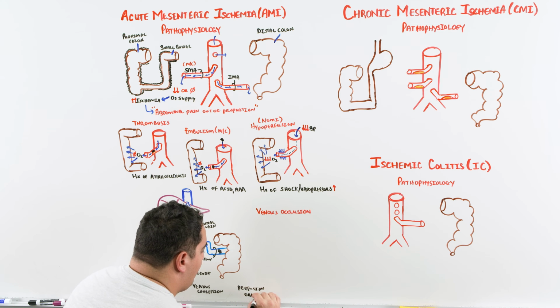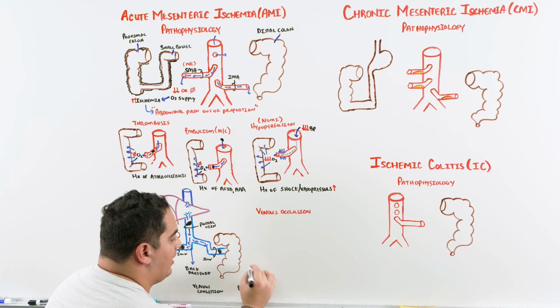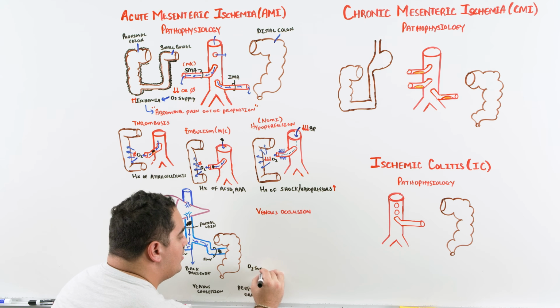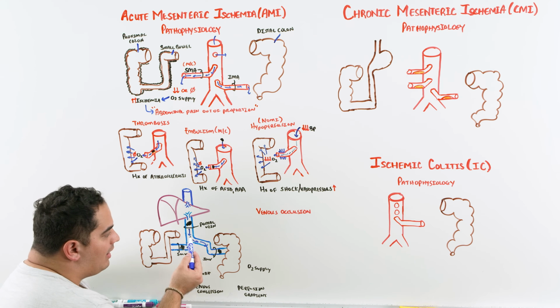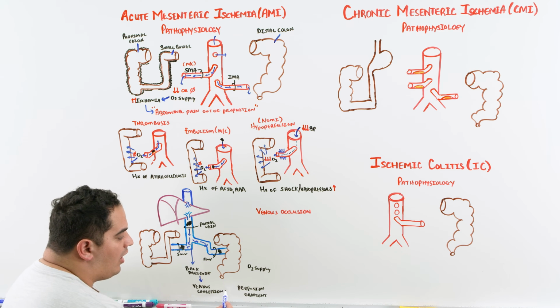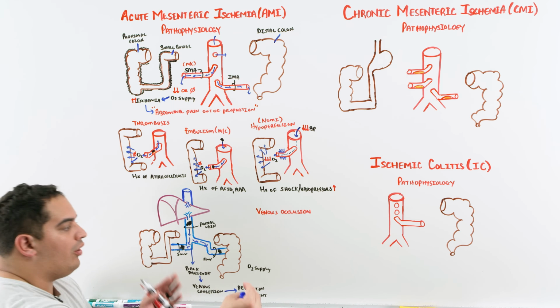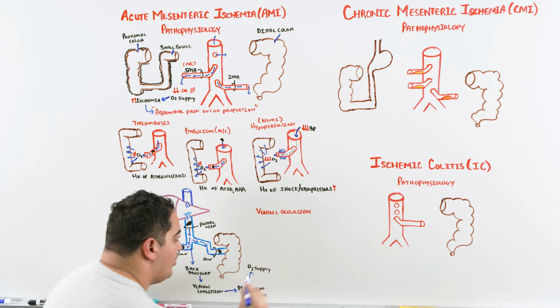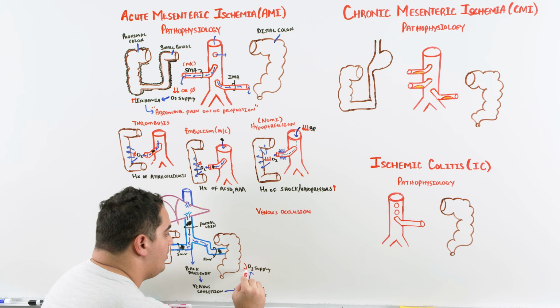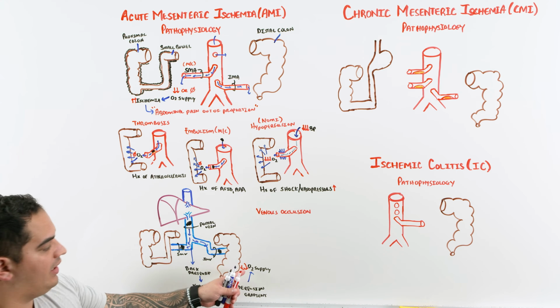And if you alter the perfusion gradient, guess what's going to happen? You're going to alter the O2 supply. So it's kind of like a weird concept, but if you block up these veins, you're going to cause venous congestion. You're going to alter the movement of blood from the artery into the vein, which is going to alter your O2 supply. And if you really reduce your O2 supply, what do you think is going to happen?